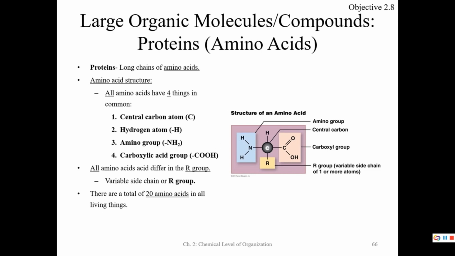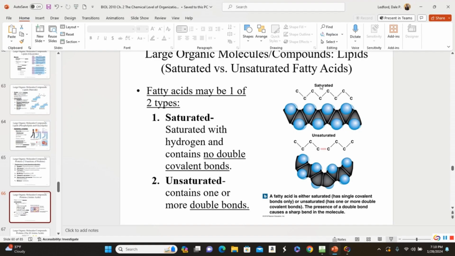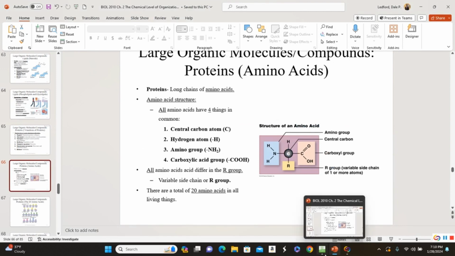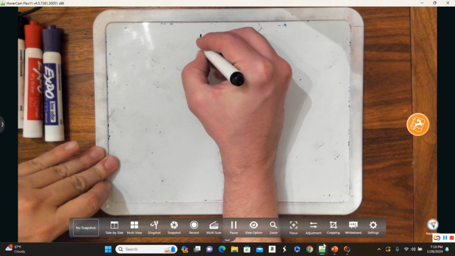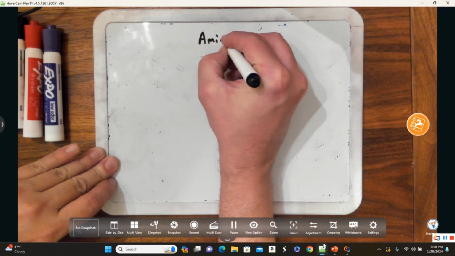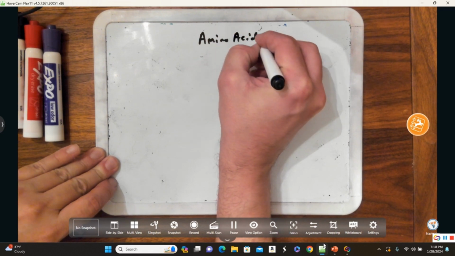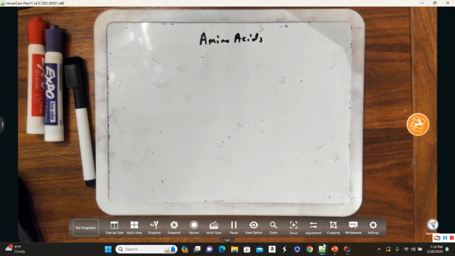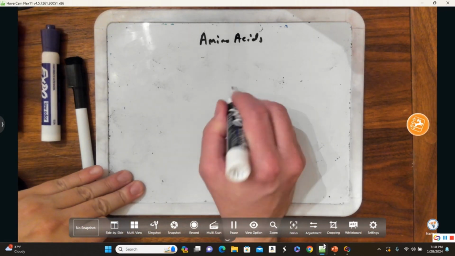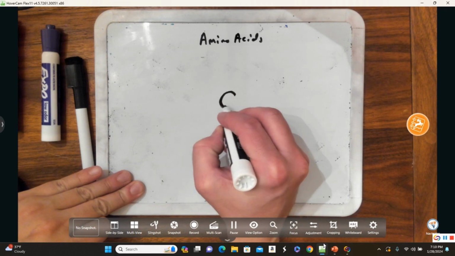Okay, so let's talk about what makes up your good little amino acids. Amino acids are the building blocks for proteins, okay? So proteins are made up of amino acids. To make an amino acid, one of the things we're going to need is a carbon found at the center here.